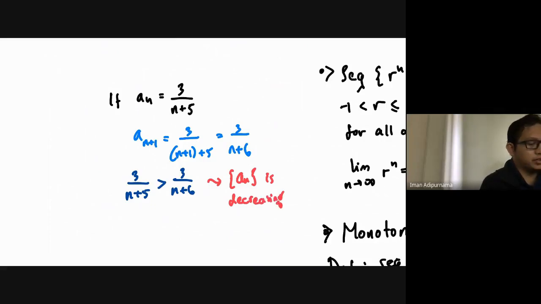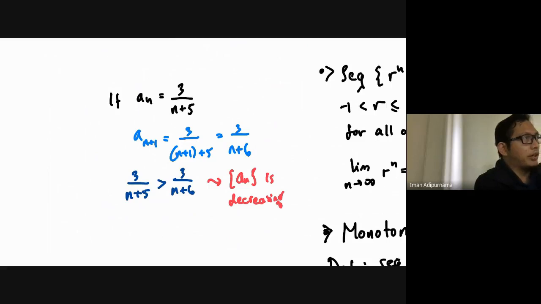So to know whether the sequence is increasing or decreasing, you can check its n plus 1 value, whether it's lower or greater than the original term.